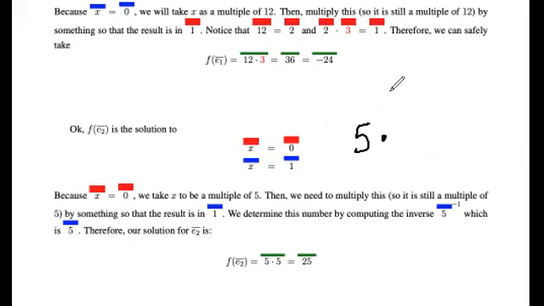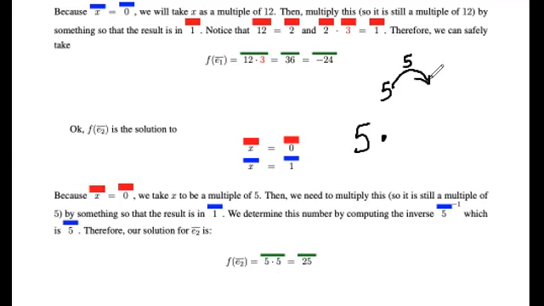So we can think, we don't want to multiply by something that shares a factor with 12, so we can't do 2, because that's a factor of 12. Maybe 3 is a factor of 12, 4 is, but 5, that's the first thing we can really do.